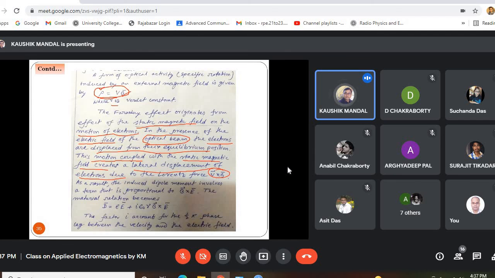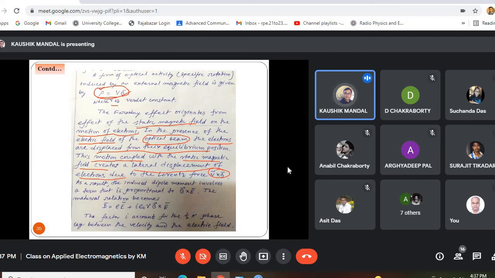So when we are considering the movement of a light wave or electromagnetic wave under the influence of a magnetic field, that means now we have to consider the motion of electrons under the influence of this static magnetic field. So the electric field of the corresponding light wave or electromagnetic wave will displace the electrons from their equilibrium position.